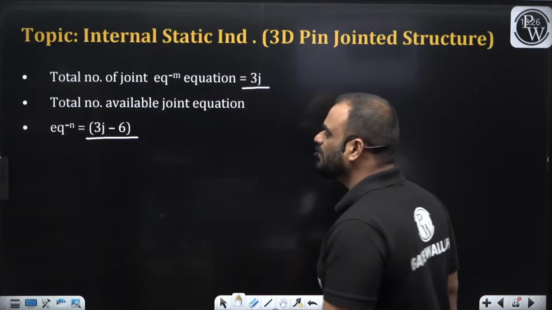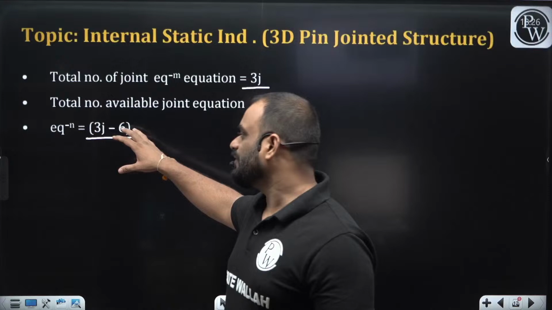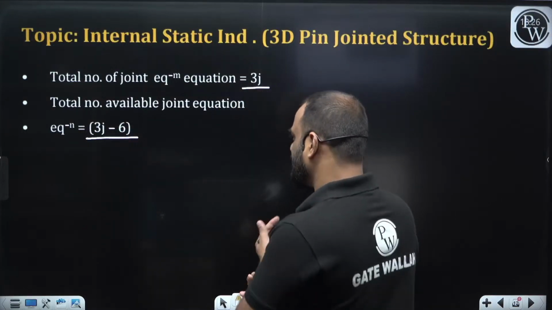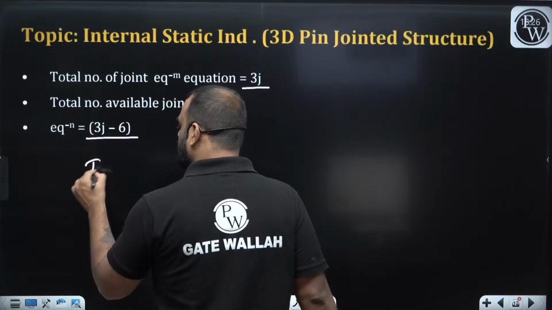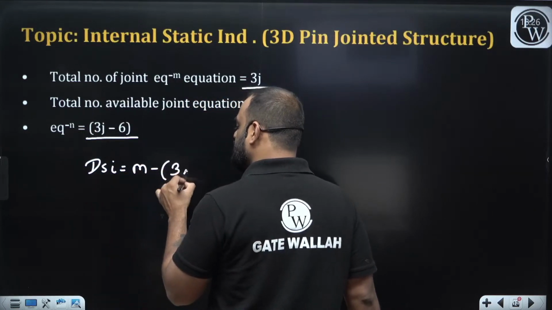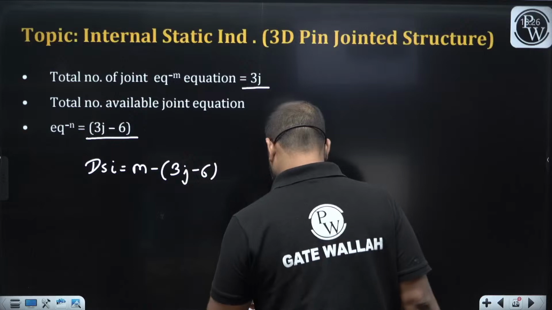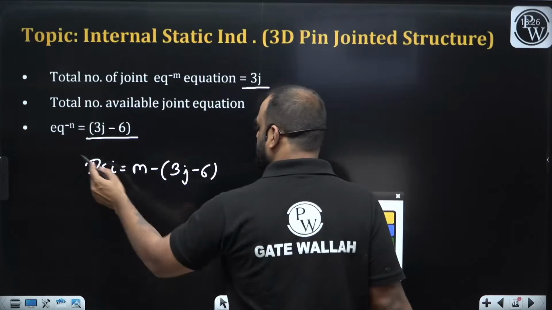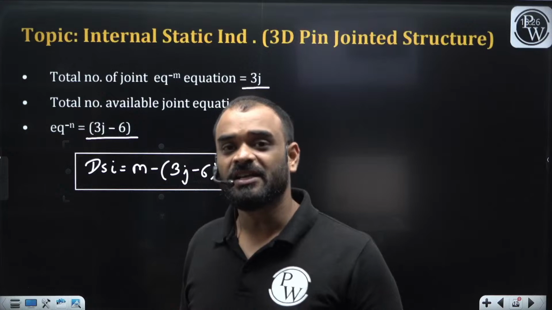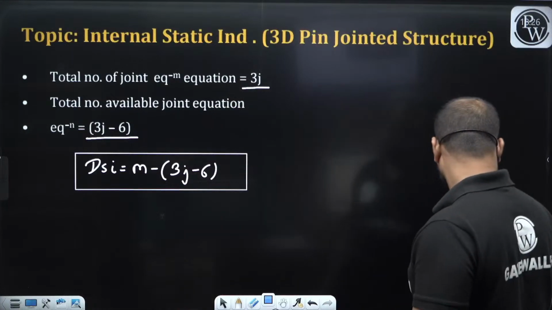Why? Because 6 equations were already used to find the external static indeterminacy. So the value of DSI is equal to M minus (3J minus 6), to find DSI in case of a 3D pin jointed structure.